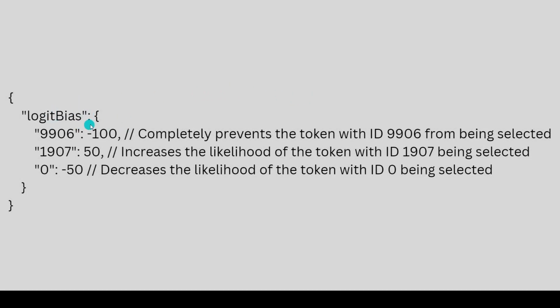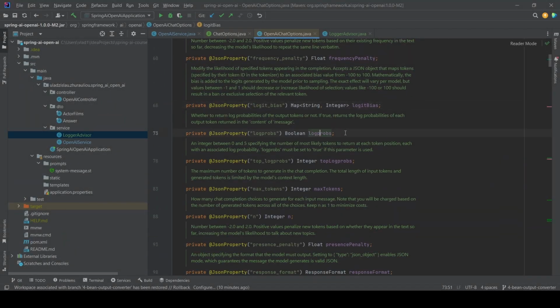Let's say we have such a logitBias map: key 9906 and value -100. This will completely prevent the token with ID 9906 from being selected. Next one is 1907 with value 50. It increases the likelihood of the token with ID 1907 being selected. And the next one is 0 with value -50, and this decreases the likelihood of the token with ID 0 being selected.